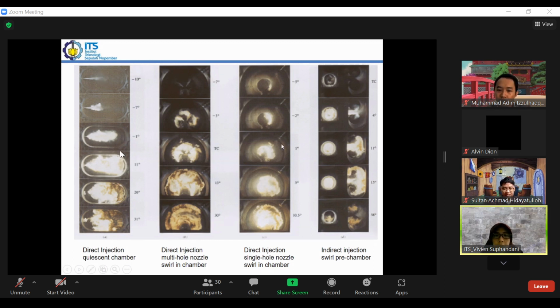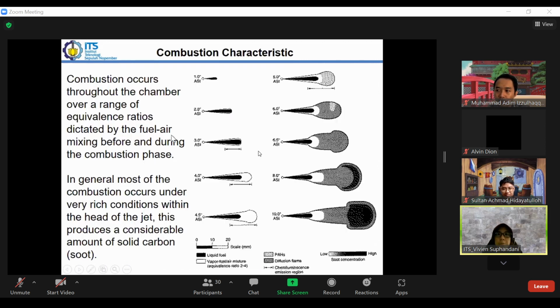All right. Okay, so we will continue again here. This is about the combustion characteristic. Because we inject the fuel, we will have the flow of the injection, and then the burning process will depend on the injection of the fuel.